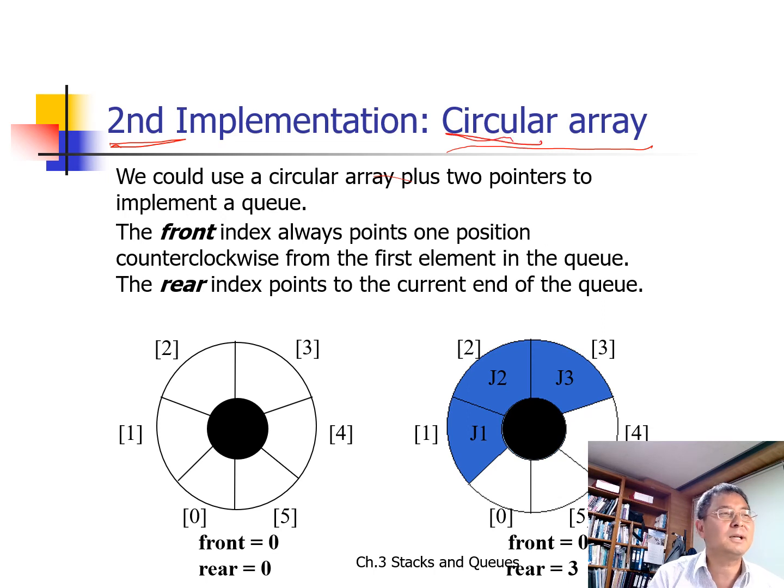Okay, so a circular array also uses front and rear indexes in the array, but it makes it circular. It will go 0, 1, 2, 3, 4, 5. This is the end of the array, but after that it will use index 0 again.